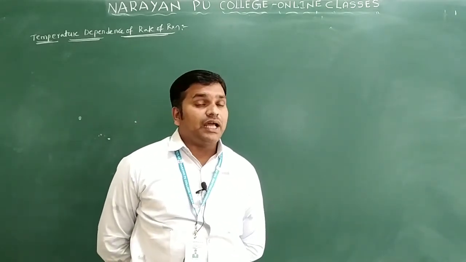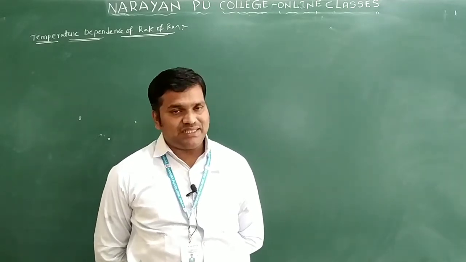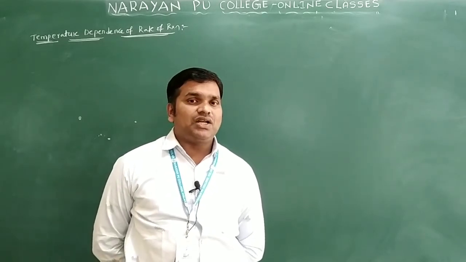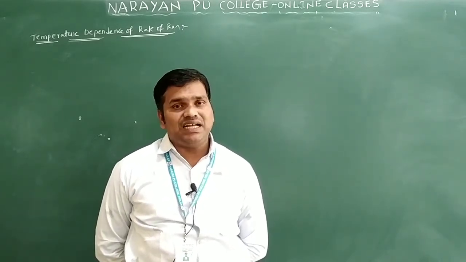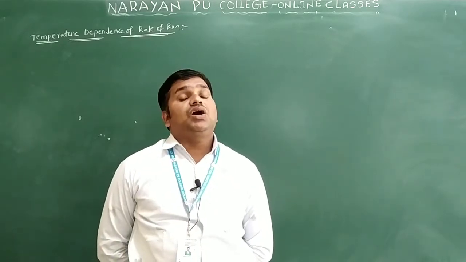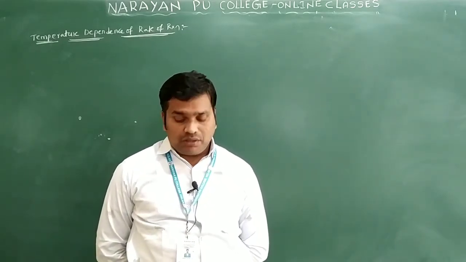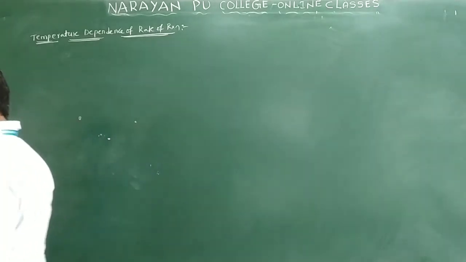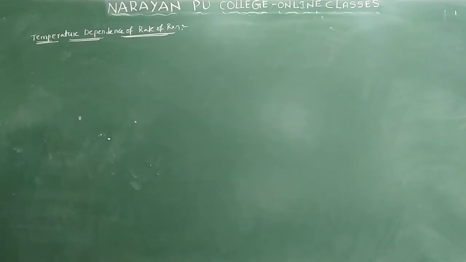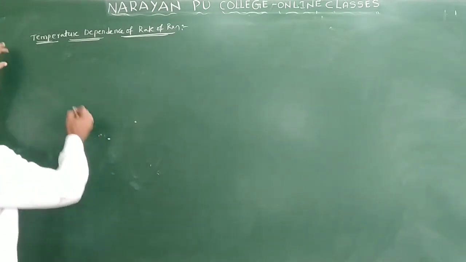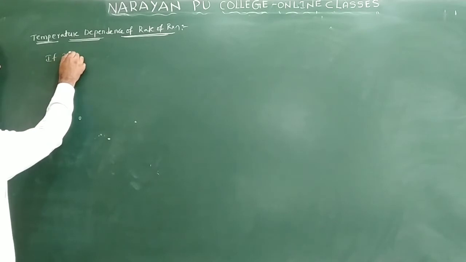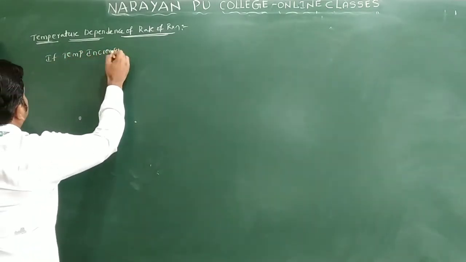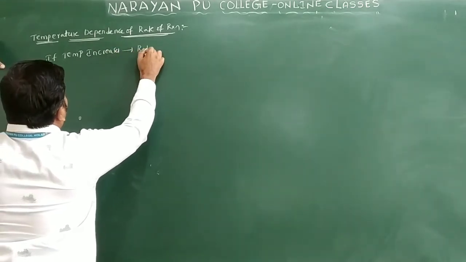Clear? Temperature increases, rate of reaction increases. Temperature decreases, rate of reaction decreases. How is it increased and how is it decreased? For every rise of 10 degrees Celsius, the rate of reaction becomes double or triple. So this is the relation between rate of reaction and temperature. In general, I will write here: if temperature increases, rate of reaction increases.